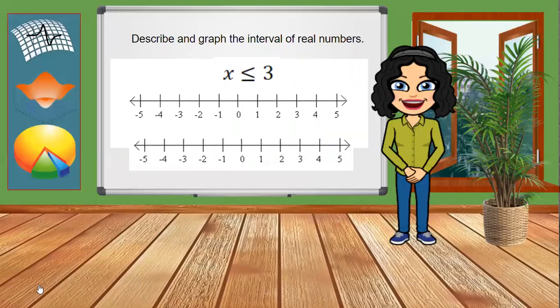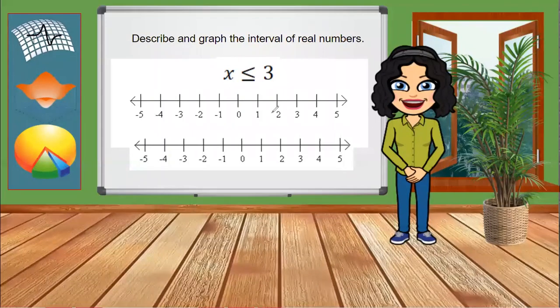We know that x can be equal to 3 because of the equal part of the inequality symbol. We also know that x can be less than 3. I'm going to show you two ways that we can graph this. One way is with a closed circle at 3.